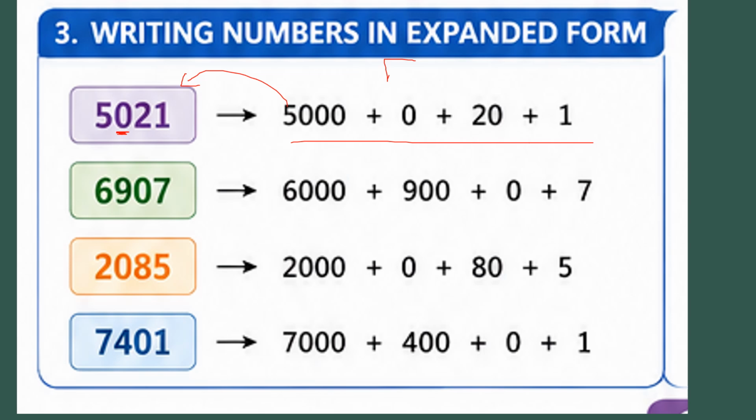You cannot write 521. That would be wrong. You have to write the 0 which is at hundreds place. Same goes for 6907. So you need to write the 0. 2085. 0 has value here. 7401.